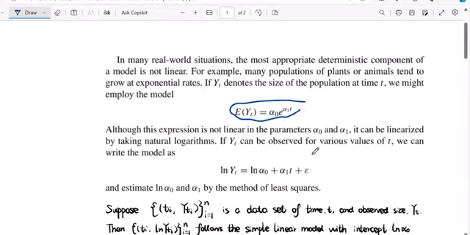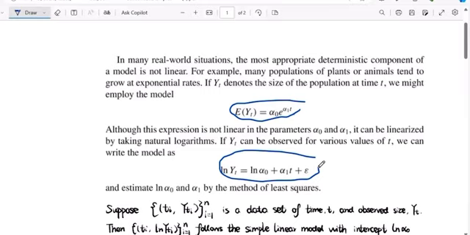When I take the logarithm of both sides, I'm going to have log of the response equal to the log of alpha naught plus alpha 1 t plus the error. When you take a look at this now, ln Yt is going to be a new y, and ln alpha naught is a new intercept. That's more or less linear now.